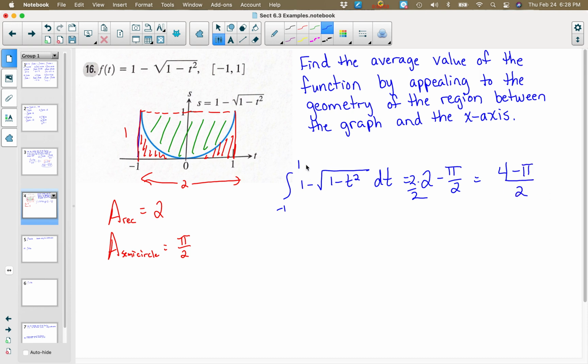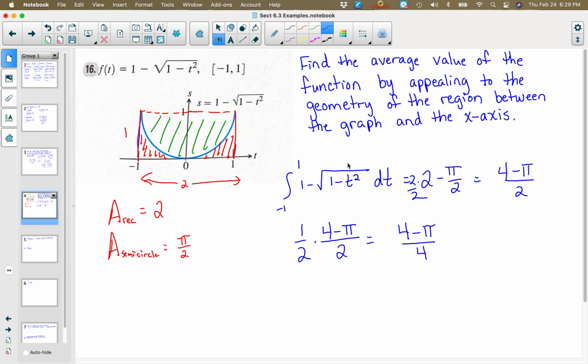So that's the integral. But remember, we have to take that and divide by b minus a, so 1 minus -1. So we're going to take 4 minus pi all over 2, which was my integral, and end up dividing by 2 or multiplying by a half. So we get 4 minus pi over 4.